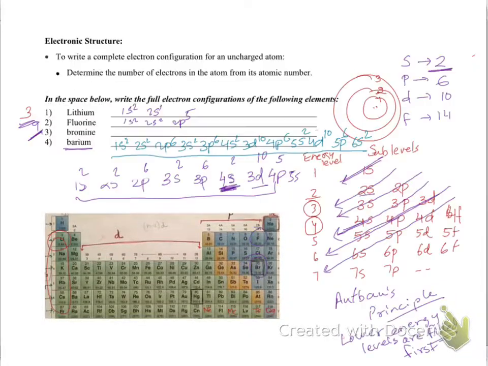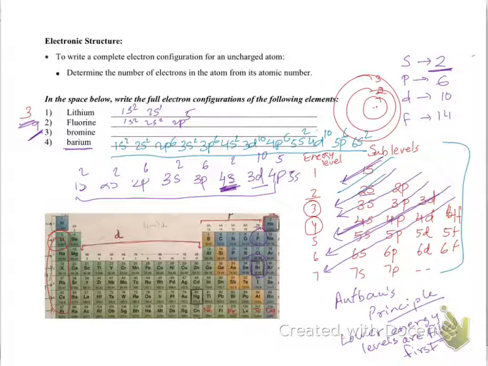Now, truly speaking, class, you really do not even have to follow this whole Aufbau's principle. There is a very short way to write down the electronic configuration too, just by looking at the periodic table, and the periodic table will be provided to you in the test.